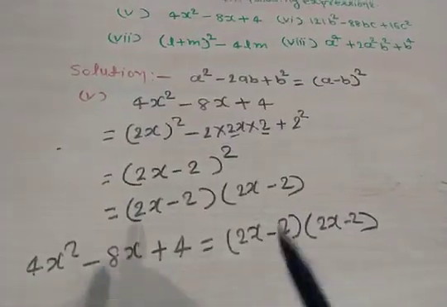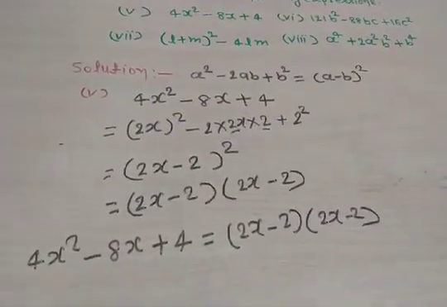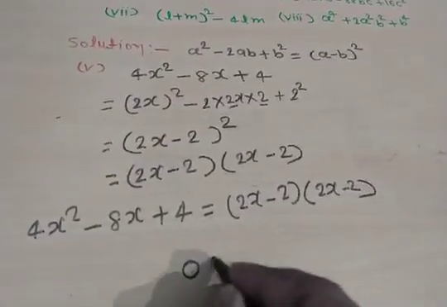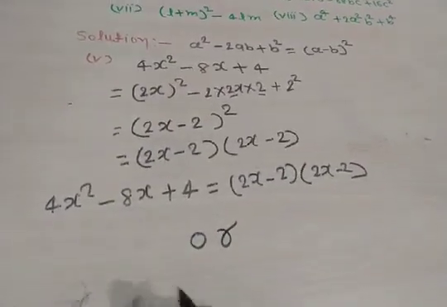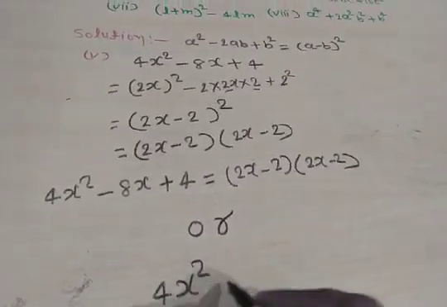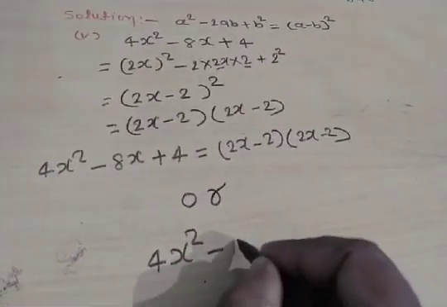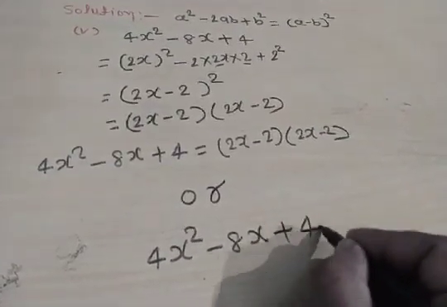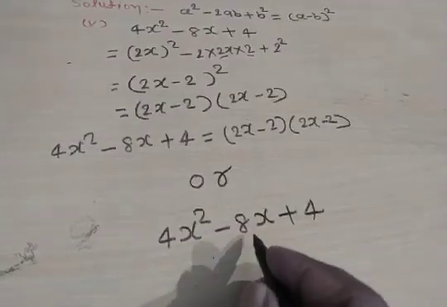Also you can solve this question by breaking the middle term into equal parts, look here, or by grouping. 8x, if you divide 8 you obtain 4.